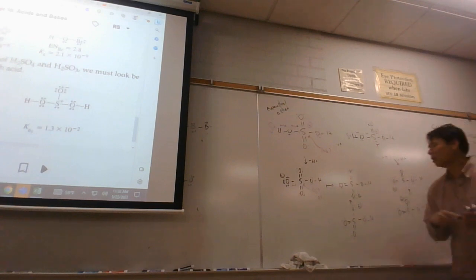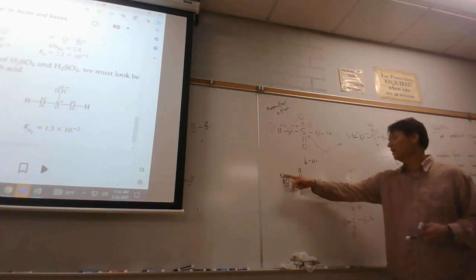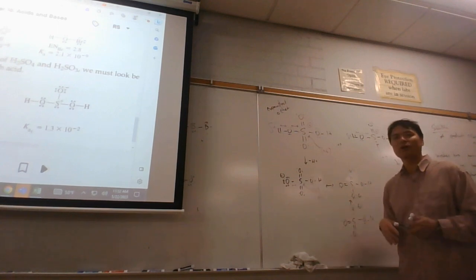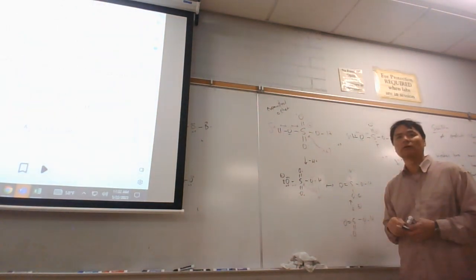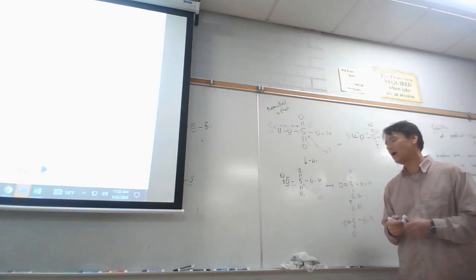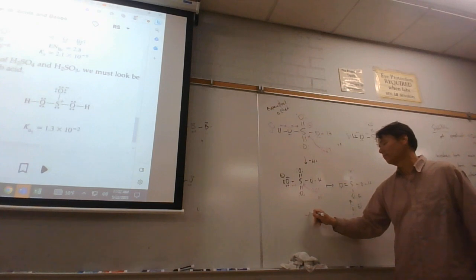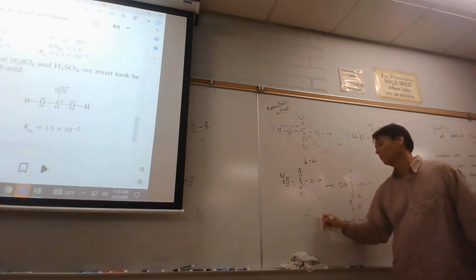So we average the charge. So we have -1/3. That means in the hybrid, what's the average charge on each oxygen? In the hybrid, what's the average charge? -1/3 on the oxygen.